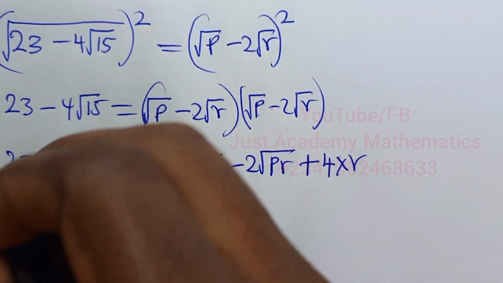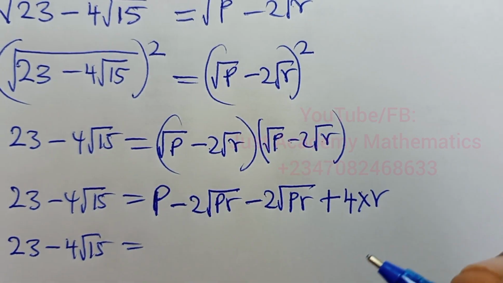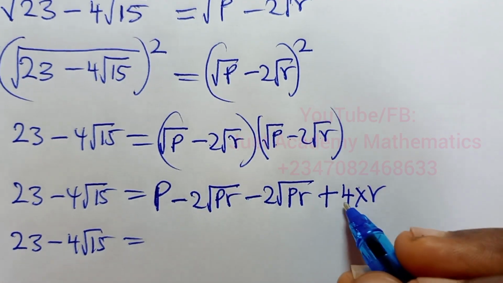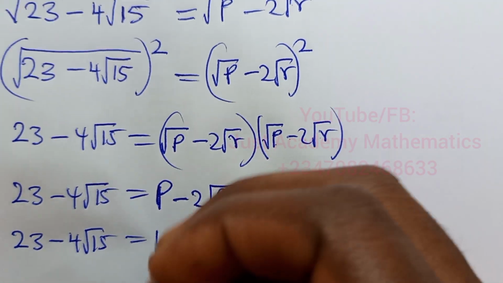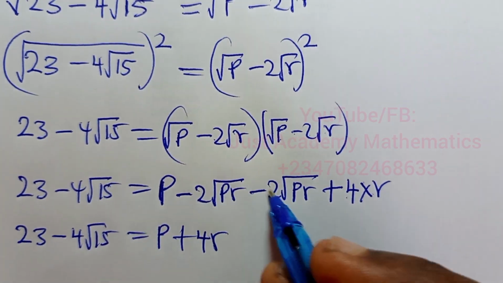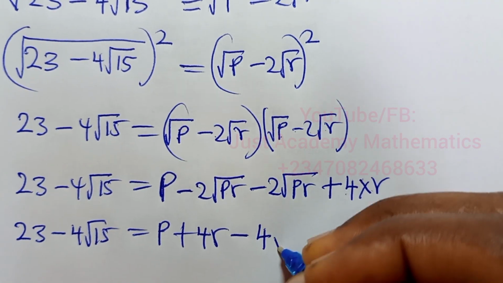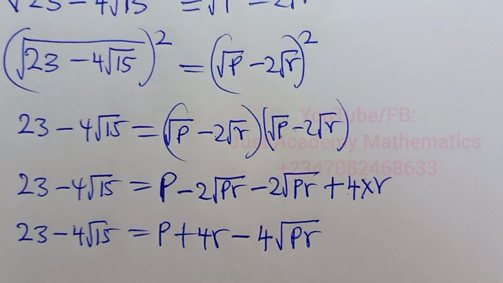So we now have 23 minus 4 root 15 is equal to P plus 4R. This and this are in the same family, so we can add them together as minus 4 root PR.